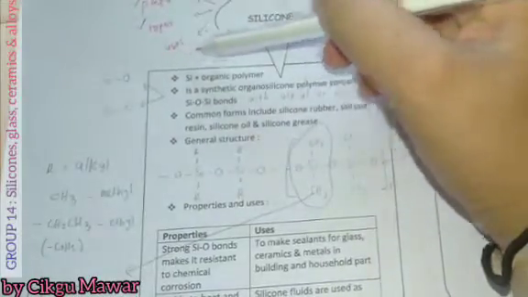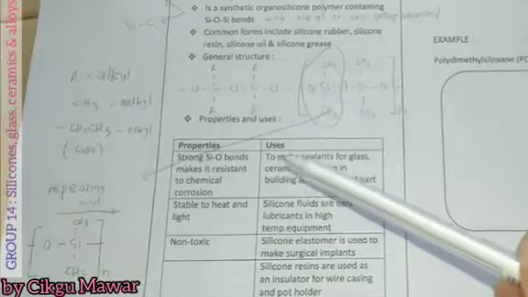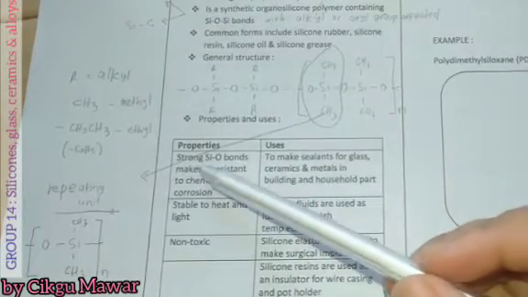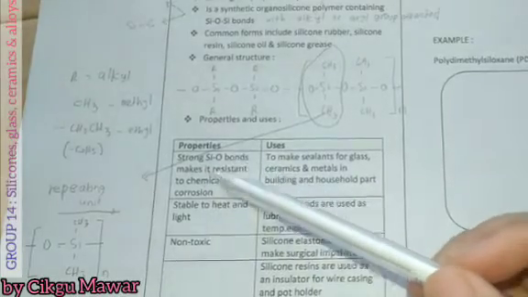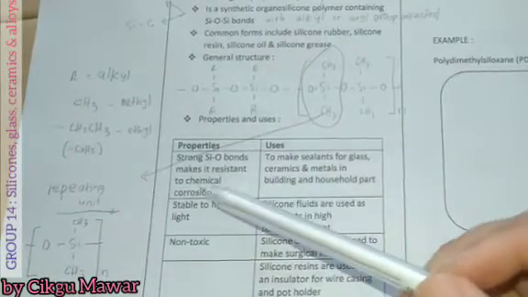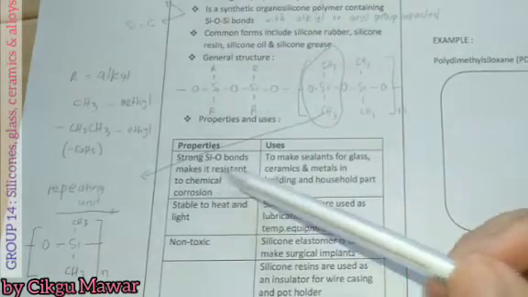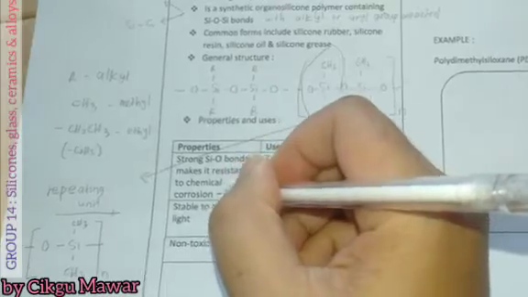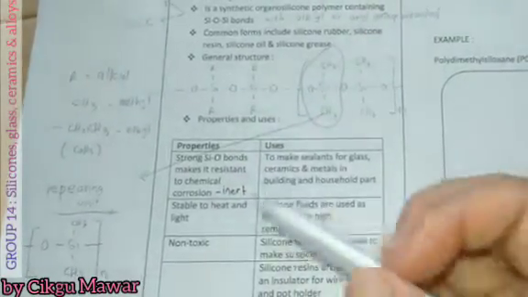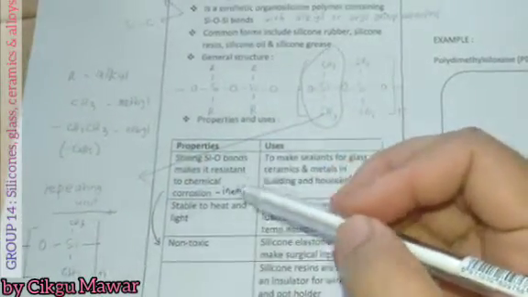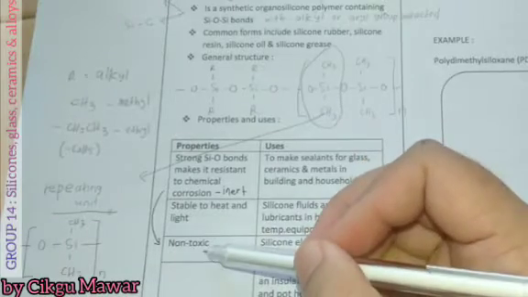Now we take a look at the uses of silicones. The properties: strong Si-O bonds make it resistant to chemical corrosion, and this strong bond makes silicones inert and non-toxic.